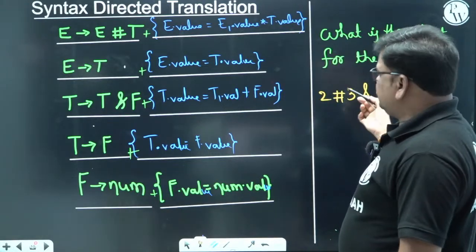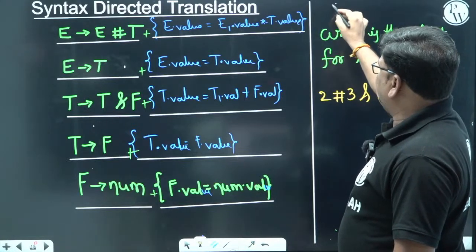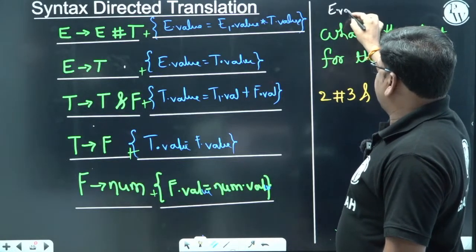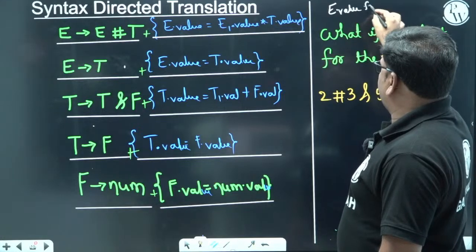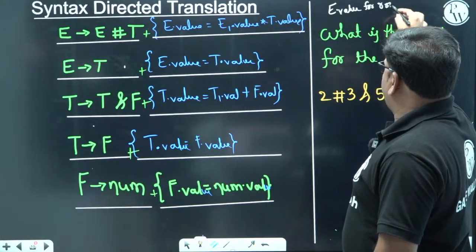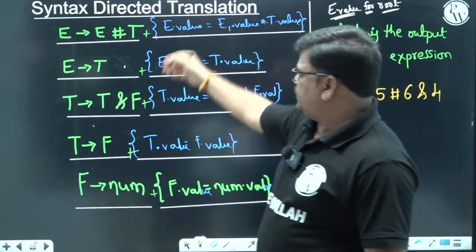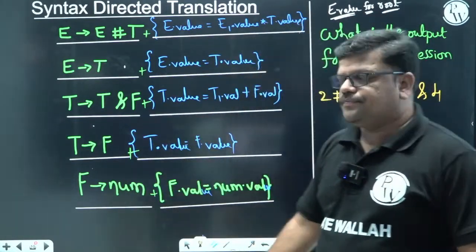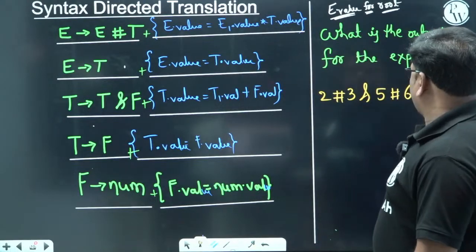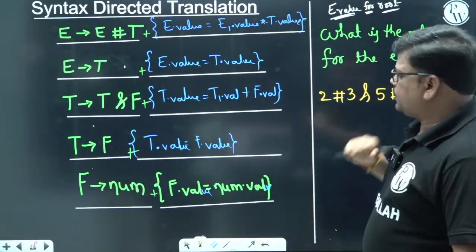Or what is the value of E dot value for the root? Or what output will it print for this one?